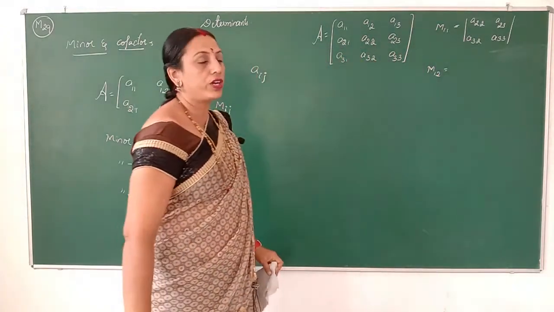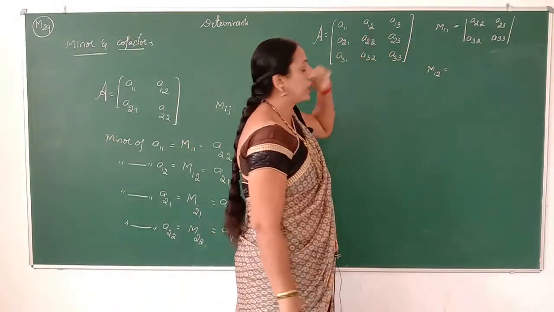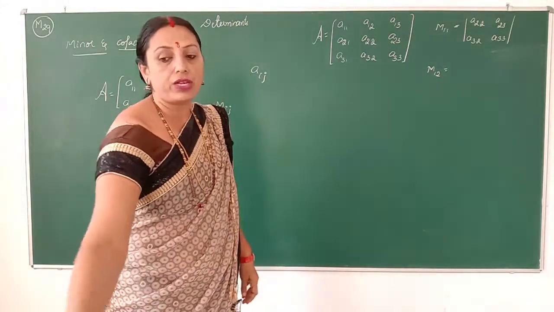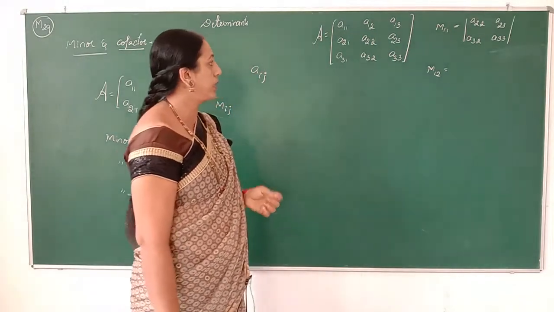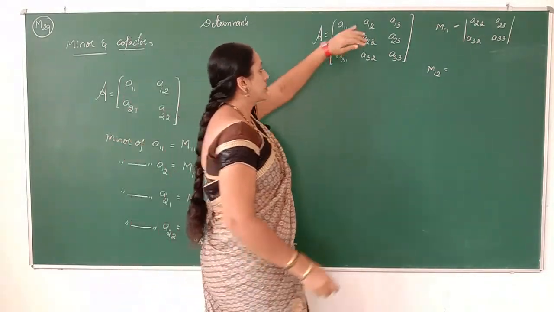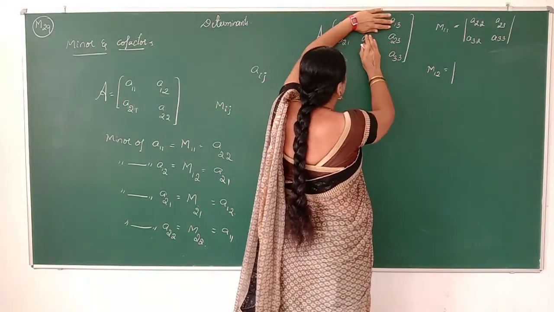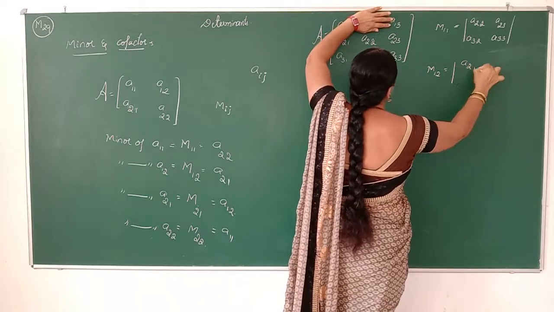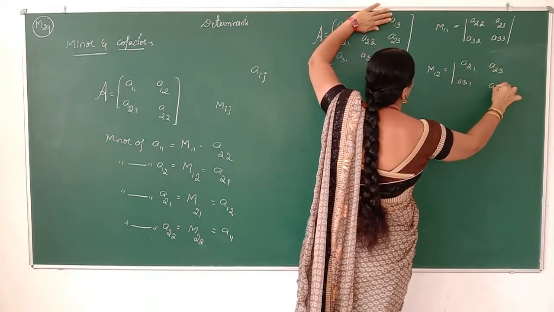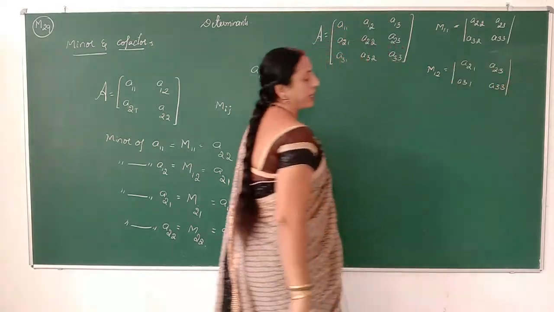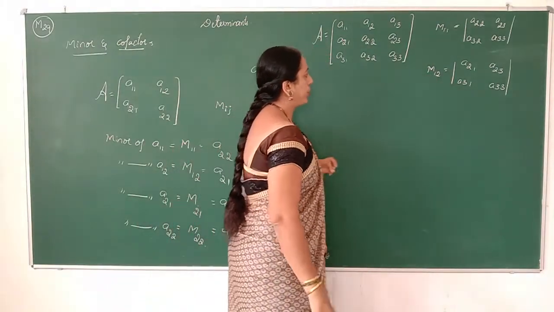Similarly, M12 means the minor of A12. A12 is an element of the first row, second column. These elements are neglected and the remaining elements are A21, A23, A31, A33. These are called the minor of A12, denoted by M12.